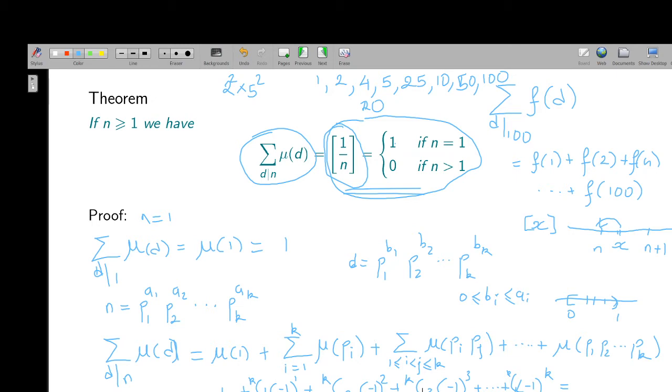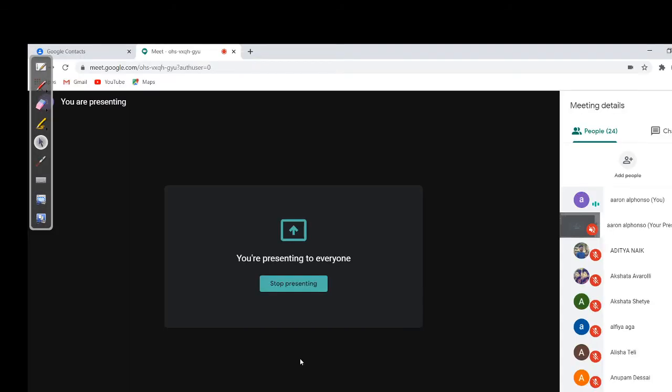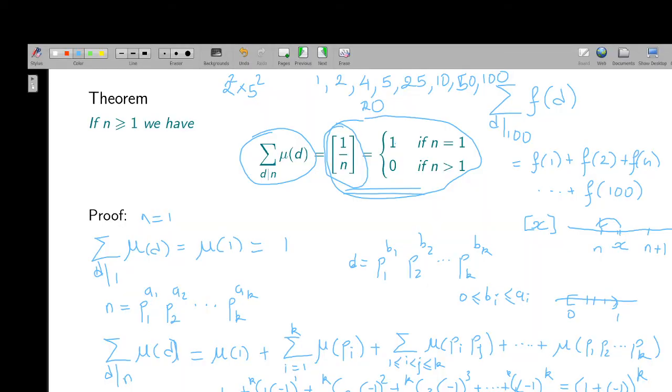So if you look at this carefully, this is just 1 plus minus 1 raised to k, and as long as k is not 0, which it is not, this is going to be equal to 0. 1 plus minus 1 is 0, 0 raised to k is 0.